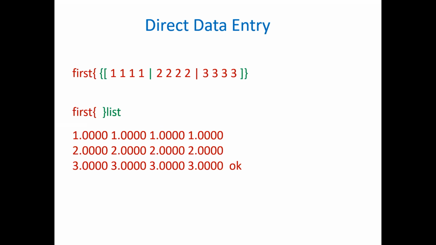So the 1, 1, 1, 1 is the first row, 2, 2, 2, 2 is the second row, and 3, 3, 3 is the third row. And then with the second line, we see the green list. That shows us indeed the matrix has been initialized with floating point values, first row, second row, third row.